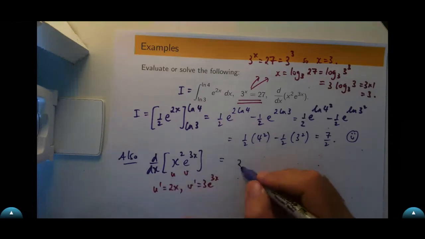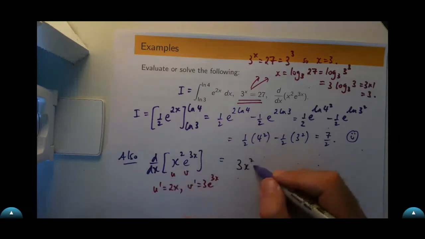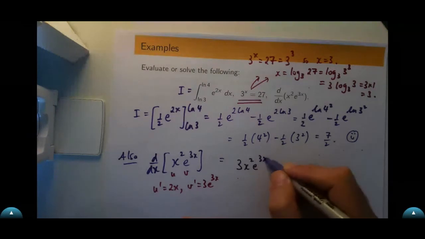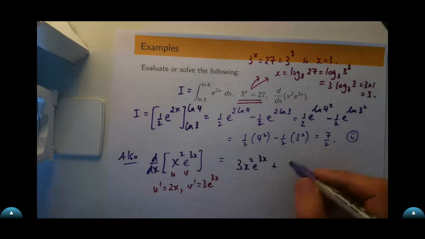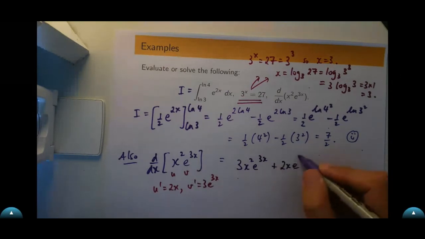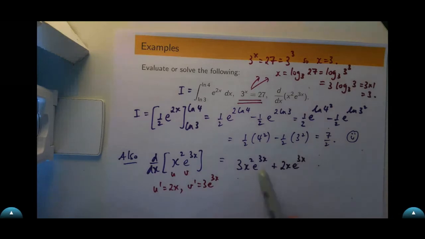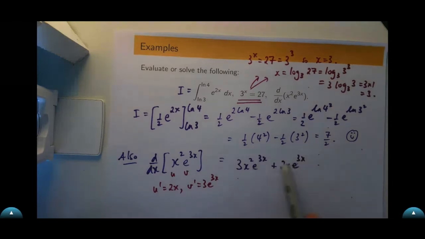So it'll be 3x squared e to the 3x plus that times that. And if you want to, you can factorize.